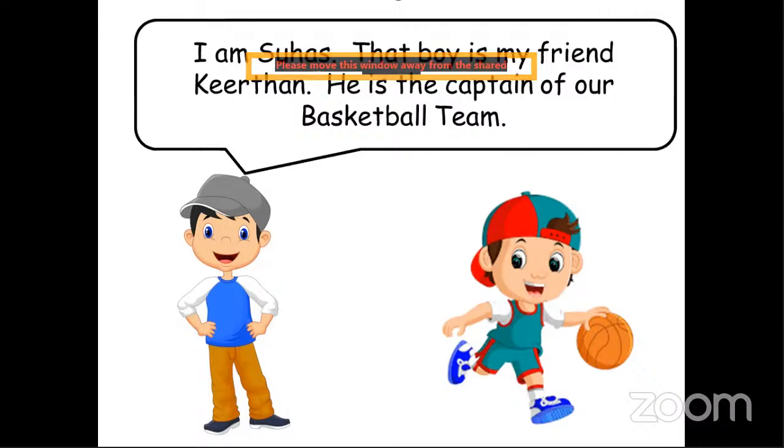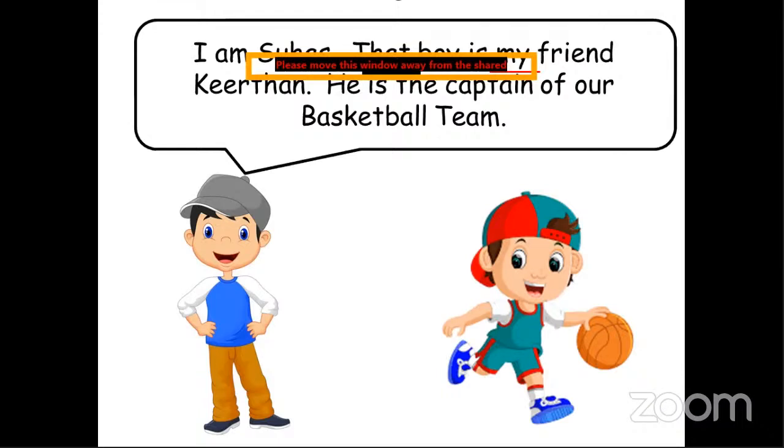No. That boy is my friend, Kirtan. Here, that is referring to a particular boy. Hence, that is a determiner. So we got a determiner here. When I say my friend, Kirtan, my is showing a particular friend. It is showing possession there. So my is another determiner here.